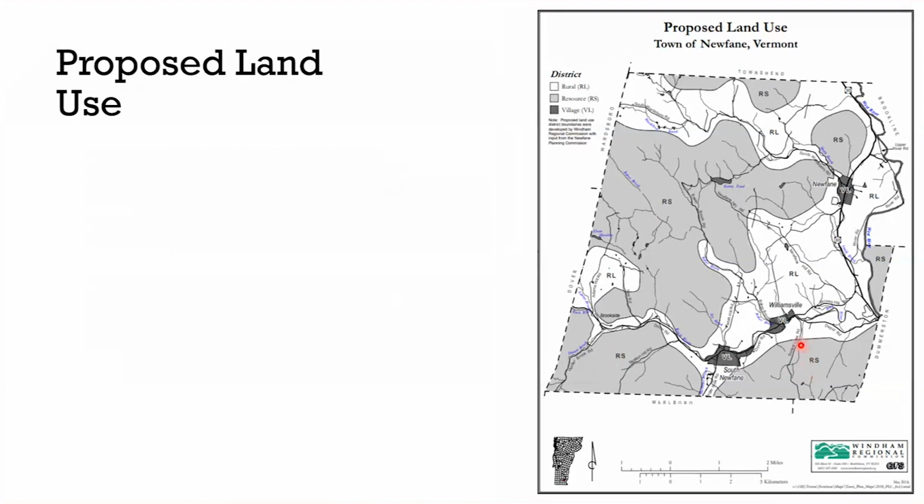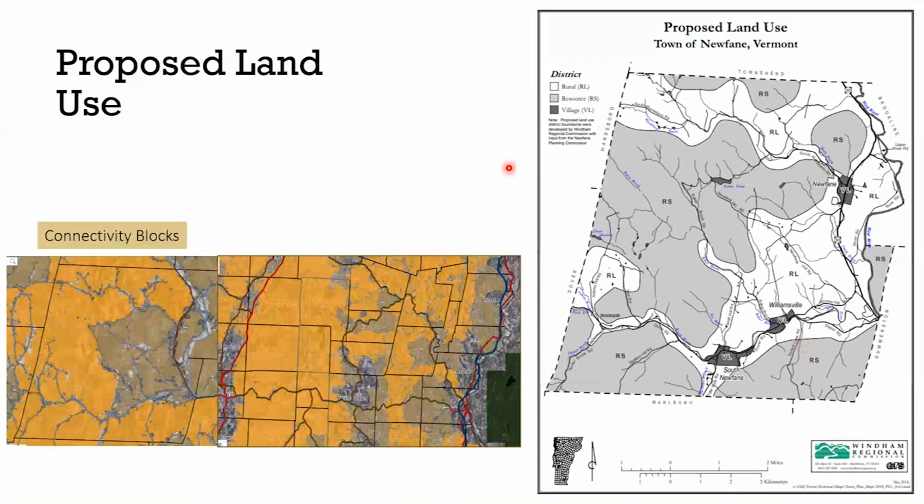Let me show you this a different way. Remember this map that Andy hammered on? And the east-west connectivity and north-south connectivity that's so important in town, that's not present here in this land use plan, in the proposed land use. So I'm worried about this area and that area and that area and that area.